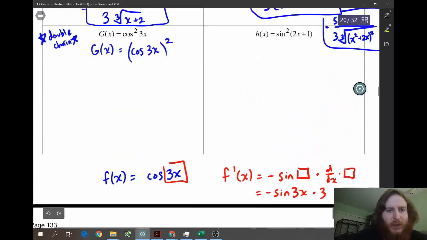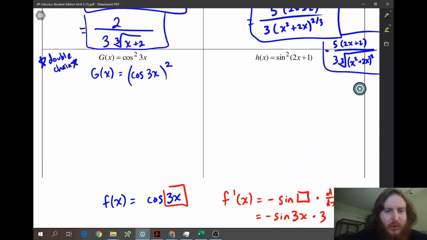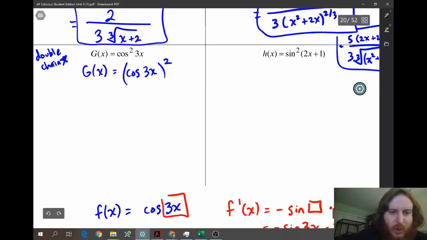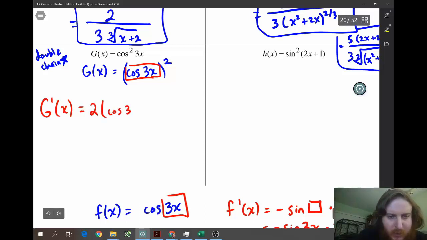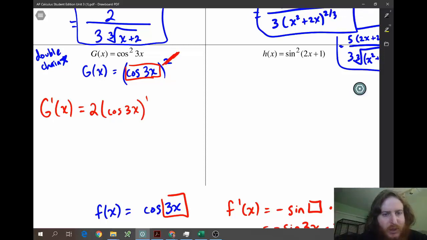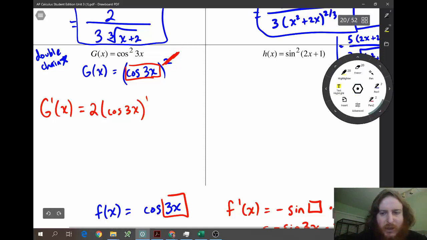So this is why up here, we're going to have two chain rules. First, we have our box squared. What would be the derivative of box squared? This is why I said we really want to make sure we're working from the outside in. It'd be 2 times our box, cosine of 3x, to the first power. Now what's the next most outside part?